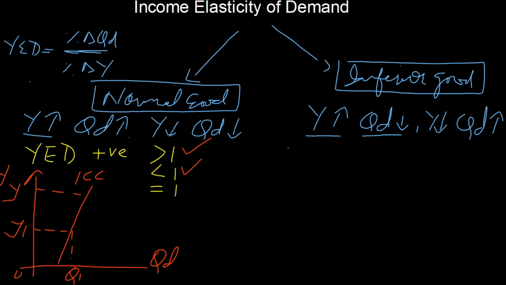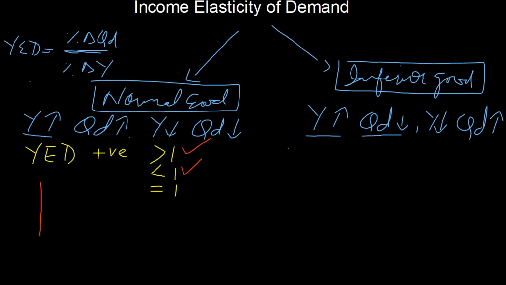If income increases to Y2, then quantity demand will rise from Q1 to Q2, and this change in quantity demand is smaller than the change in income, and the change in income is much greater. So a greater rise in income has resulted in a smaller rise in quantity demand, so income elasticity of demand would be less than +1, or we may call it inelastic demand, relatively inelastic demand.